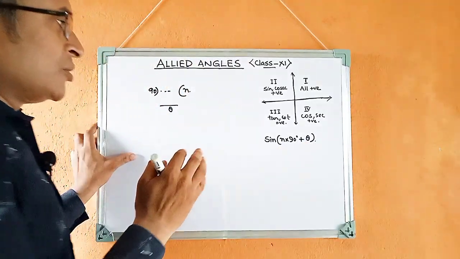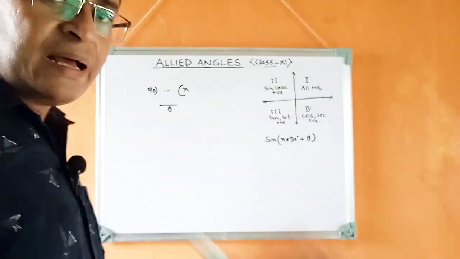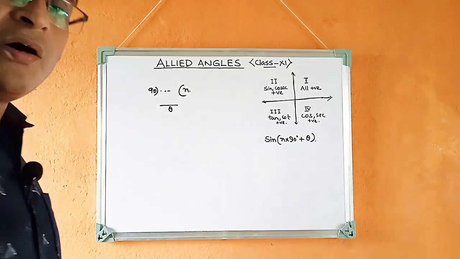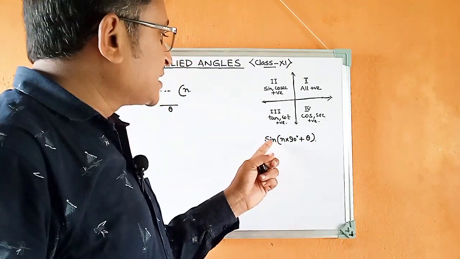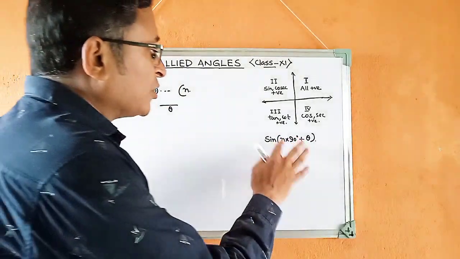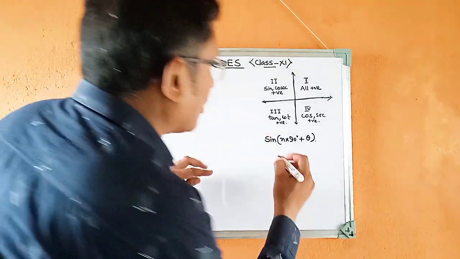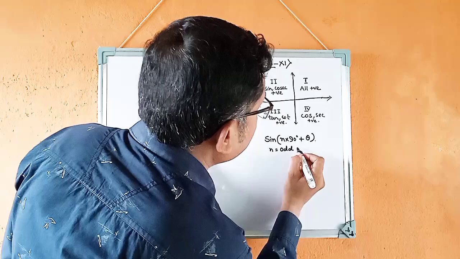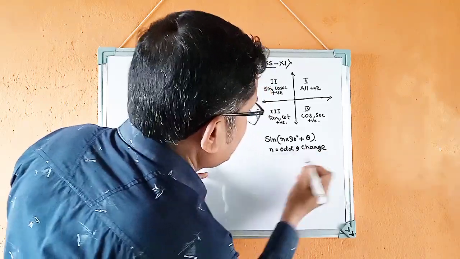So first of all, we express all the angles whose value is more than 90 degree, or more than 180 or 360 degree, in this format. Here it can be sine, cos, tan, cosec, sec or cot. Now look at n. If n is odd, then the ratio changes.